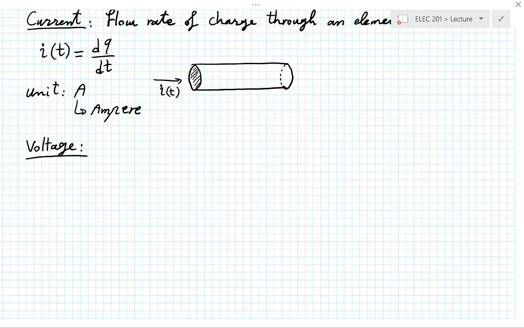Or you might say a voltage difference between 2 points is a manifestation of the existence of an electric field between the 2 points. We could look at it either way. But it's what makes charge move. It's what creates current.